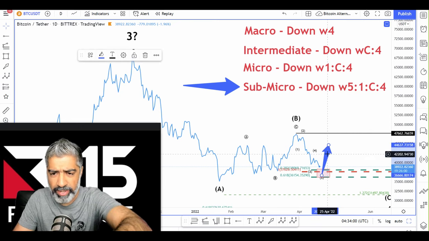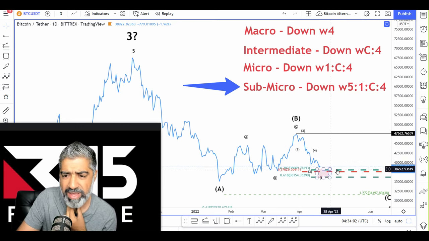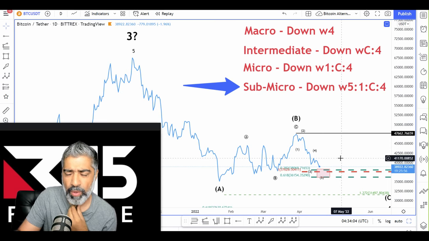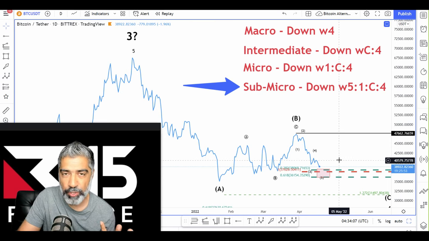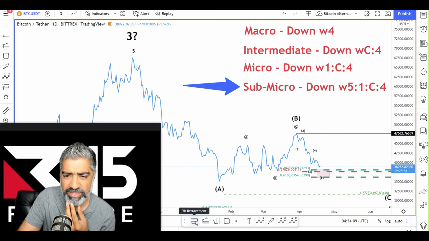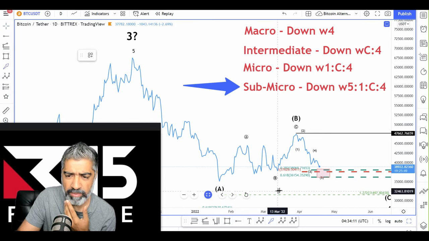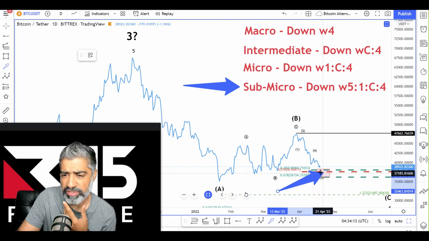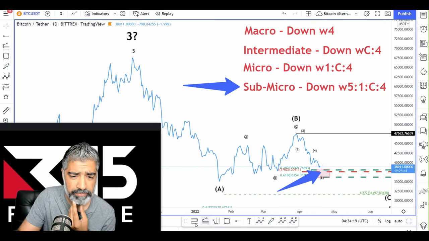So what I'm going to do here is give you my method to my madness in terms of why I believe Bitcoin's likely to go back over 42,000. Very, very simple. We're going to make an assumption here that let's just say the correction finishes at this point. Could go lower. It might not even make it as low as this, but you see it's heading towards this over the next few days.